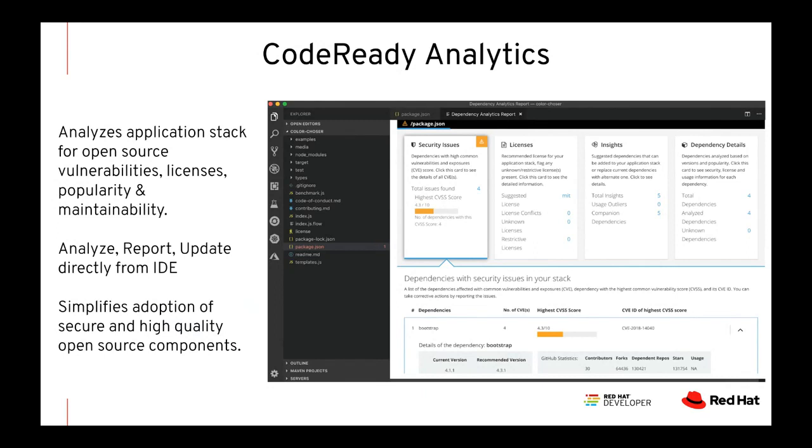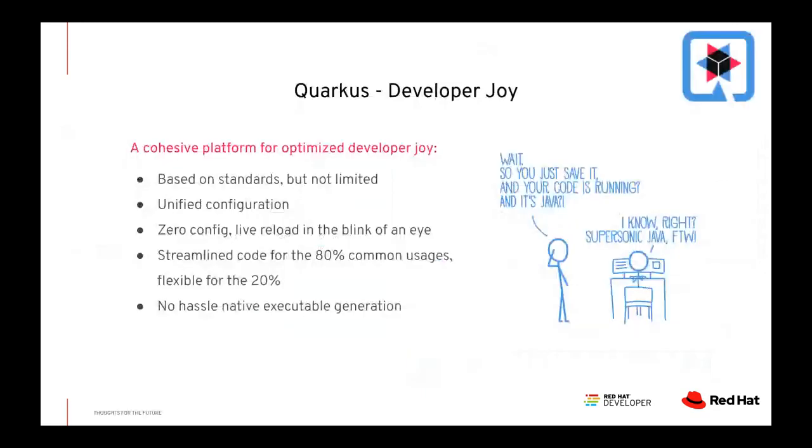So it can tell you if you've brought in a dependency that has any kind of problems. It can recommend a license based on what it sees. If it notices that there's a problem with a package, it uses an AI-backed recommendation engine to give you suggestions on what you might change to improve your situation.